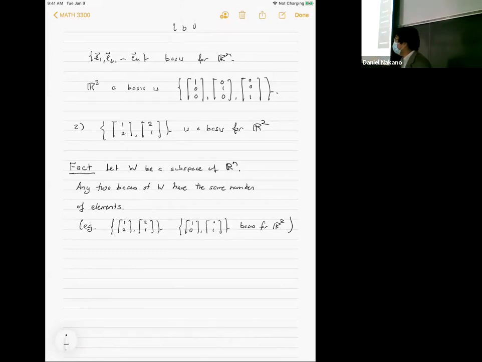All right, now this is good because I can define the concept of dimension. The way I can define dimension is I just take the number of elements in the basis.